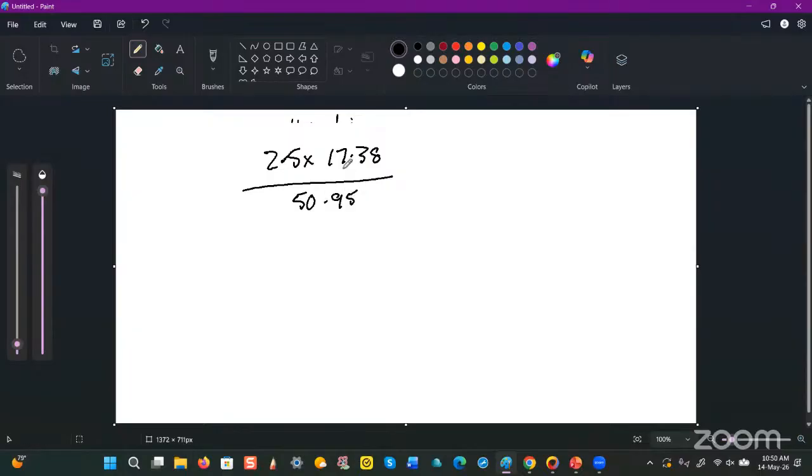I'm just making up some numbers, right? And let's assume that these are all measured values, right? Now, the correct way to do this calculation, right, is, well, firstly, you have to identify the number of sig figs in each case. So the 2.5 would be 2 sig figs, the 17.38 would be 4 sig figs, and the 50.95 would be, you know what, let me change this to 50.9.